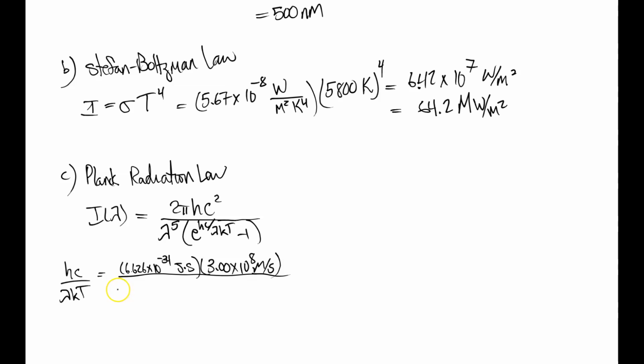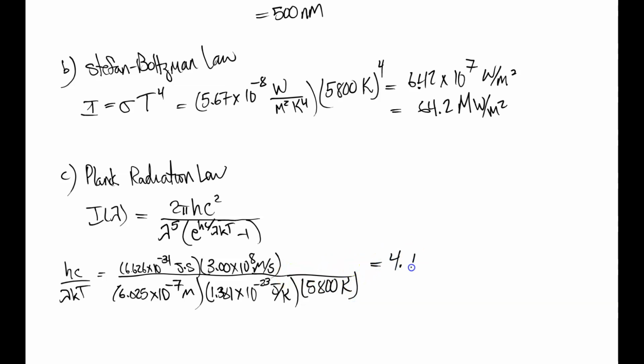The wavelength of the average range is 6.025 times 10 to the negative 7 meters, which is 602.5 nanometers, the average of the two wavelengths given, times the Boltzmann constant of 1.381 times 10 to the minus 23rd joule per Kelvin times the temperature of 5800 kelvins, and this gives us a value of 4.116.